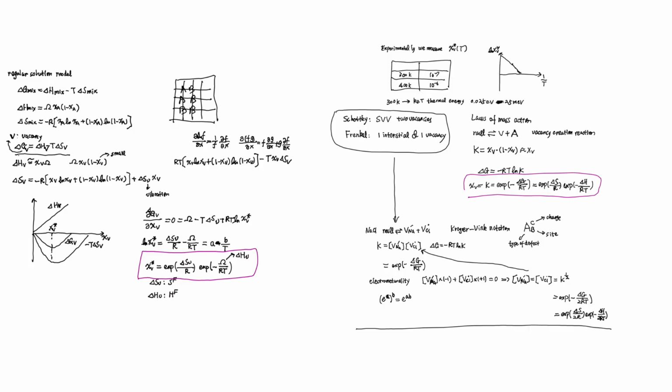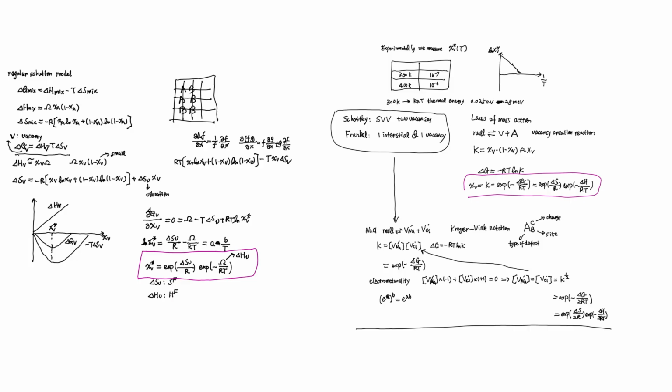So we use the product rule, d(fg)/dx is f dg/dx plus g df/dx. So we can do the derivative.